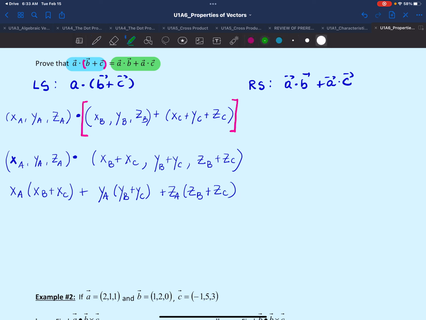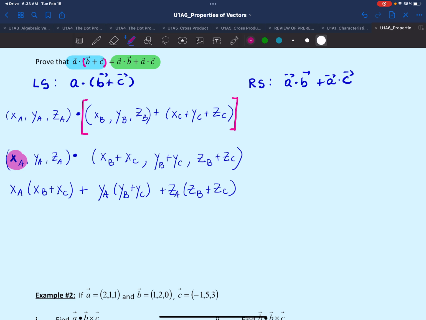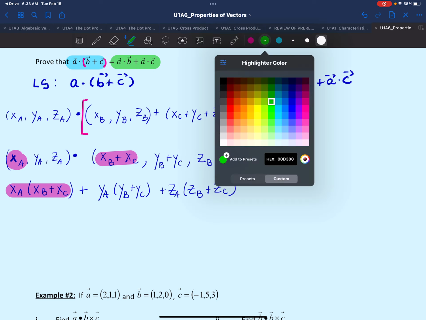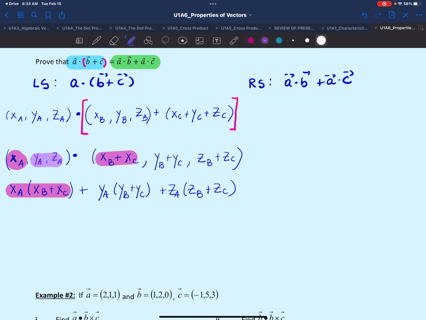As you can see in here, again, notice how we multiply the x's together, we multiply the y's together, and then we multiply the z's together.